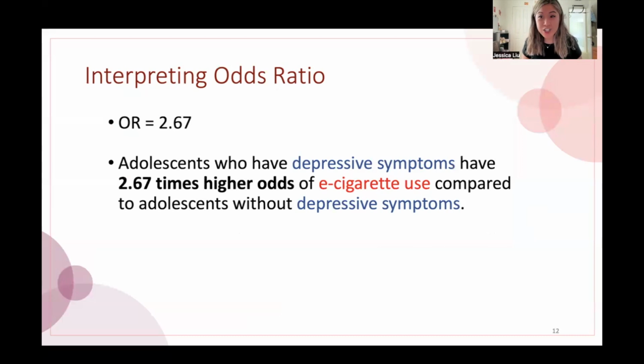The interpretation of these numbers is almost just as important as the number itself. So you can say it like this for this specific research question: adolescents who have depressive symptoms, your exposure, have a 2.67 times higher odds of e-cigarette use, which is your outcome, compared to adolescents without depressive symptoms. It's really important here to include that comparison group because that's who you're comparing. It's among people with and without those depressive symptoms.